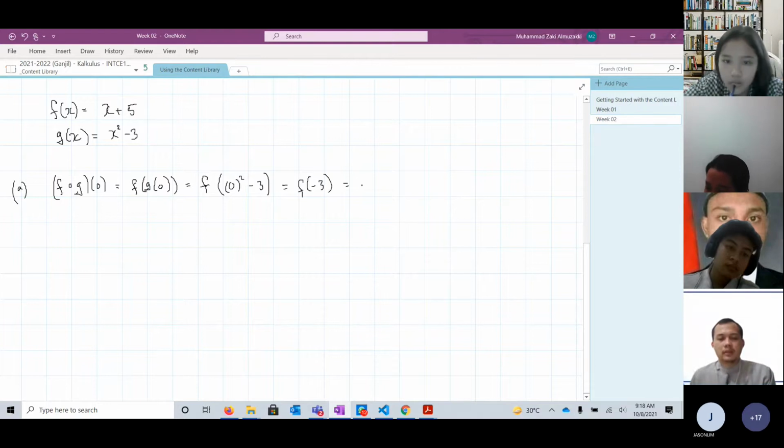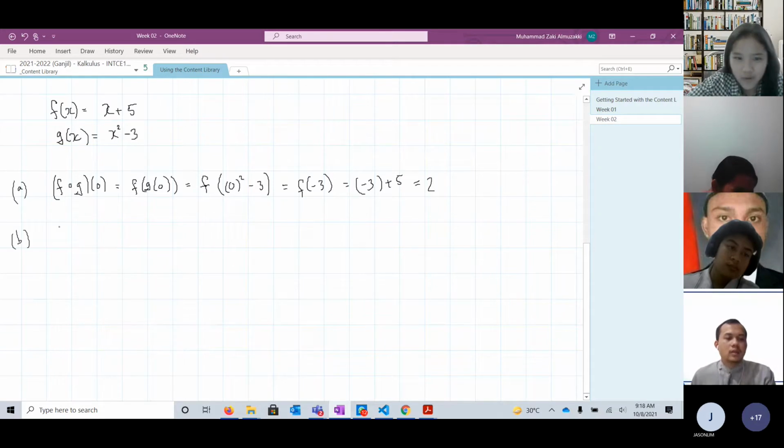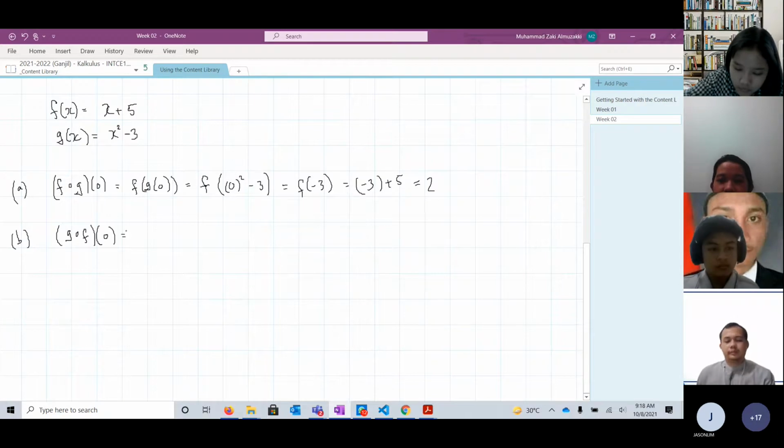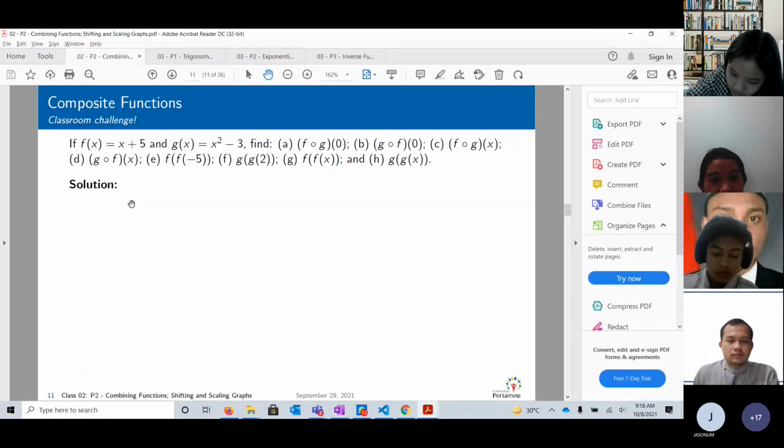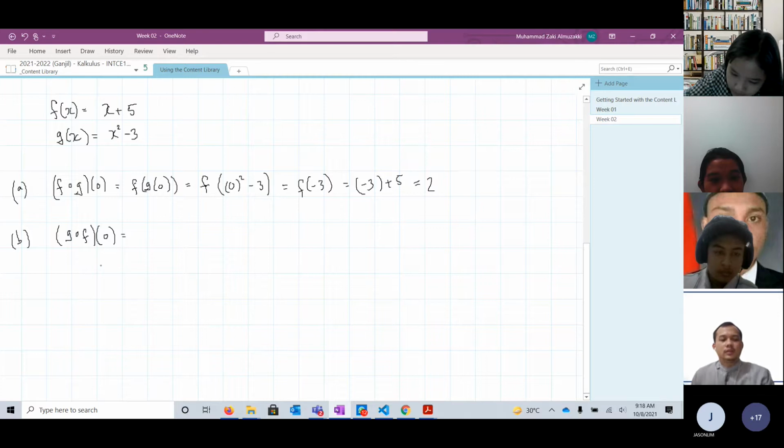It is minus 3 plus 5 equals 2. Now, for the second one, what is the value of g composed with f of 0? What is g composed with f of 0?